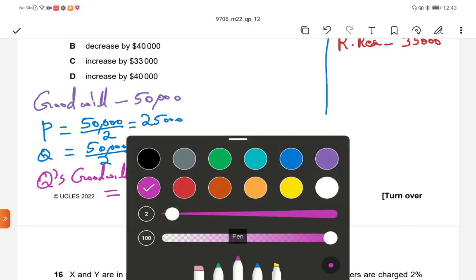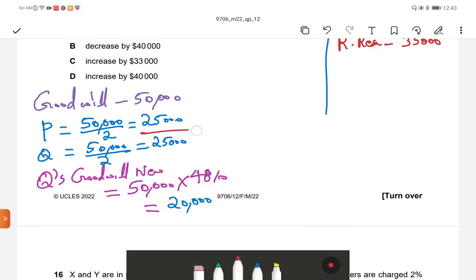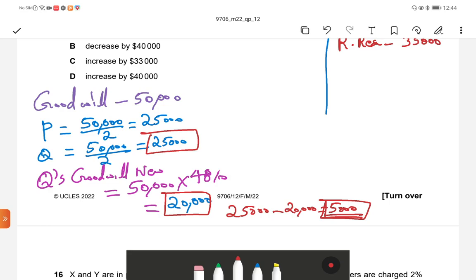But before he got 25,000. Now he gets 20,000. So 25,000 minus 20,000, 5,000 he is sacrificing. So this 5,000 he should get from the new partner R, so it will be credited to his capital account.